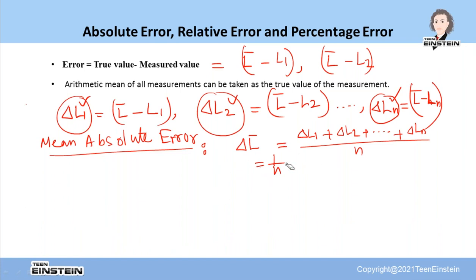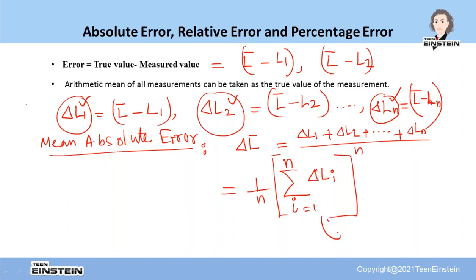If I have n number of these measurements, I can write the mean absolute error as this, where this is delta i. So i goes from 1 to n. This notation is actually called summation.